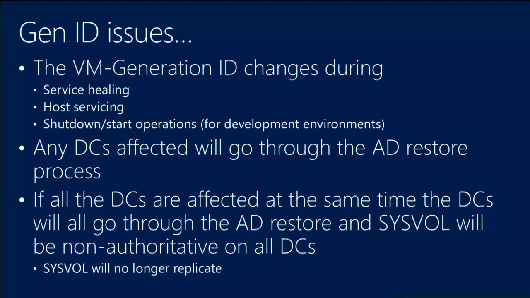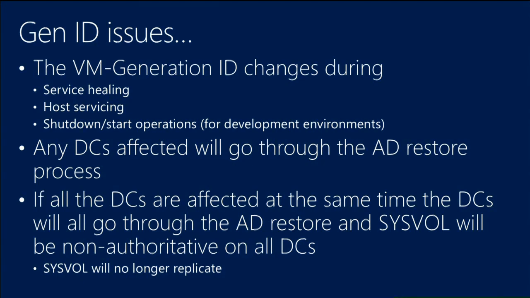Right? Any DC that goes through that goes into this AD restore process. If all the DCs are affected at the same time, what will happen is they'll all go, oh, I need to do an AD restore. No problem. Boom, boom, boom. They've all gone into AD restore.